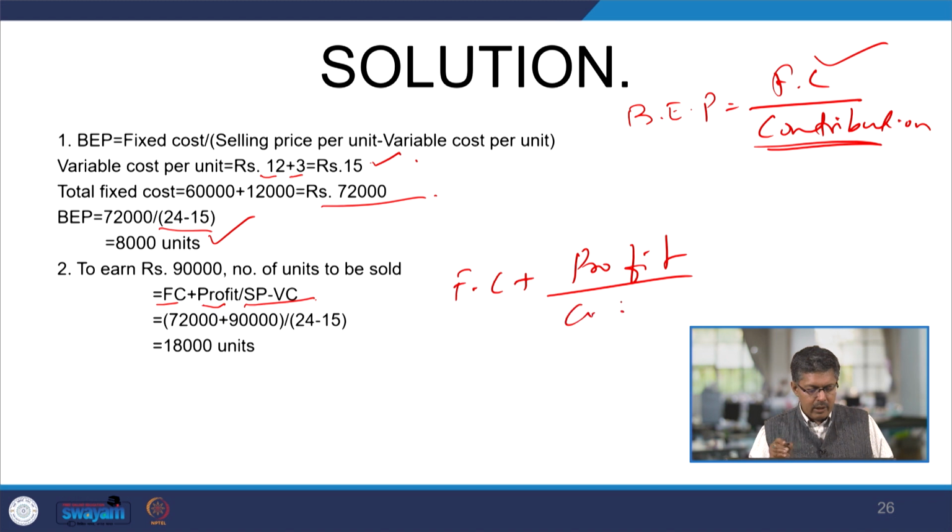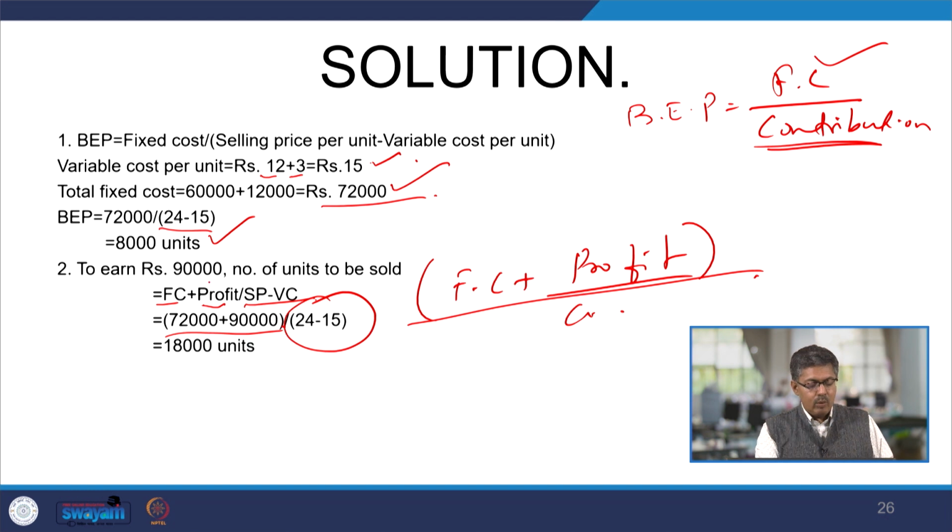So, if you look at it, 72,000 is my fixed cost, which we have seen here, 90,000 is the profit that I am trying to get, right, and upon the contribution, that is 24 minus 15, that is my per unit contribution. So, automatically it tells me to earn rupees 90,000, I will have to sell 18,000 units, right.